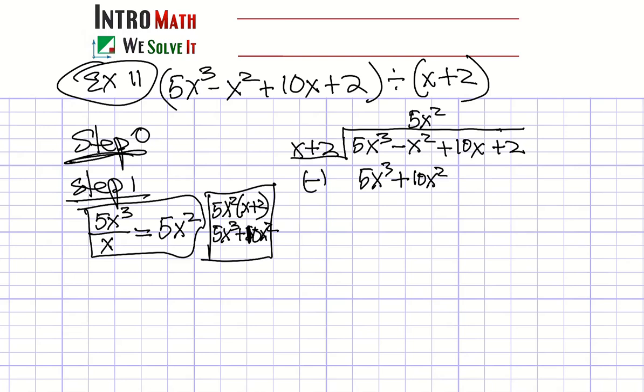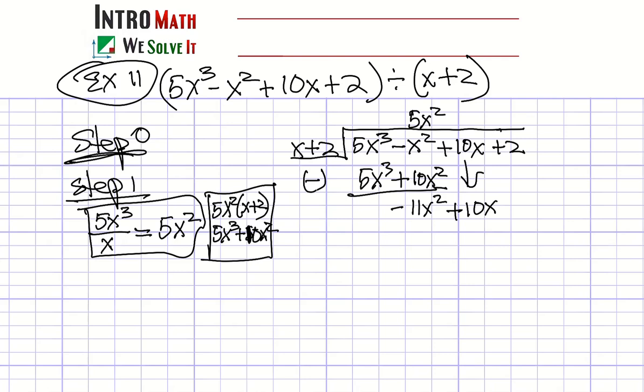And you subtract. If you subtract that, what do you get? The first term usually cancels out. The 10 on the bottom becomes negative 10x raised to power 2. So everything will become negative 11x raised to power 2. You bring that down, become plus 10x.